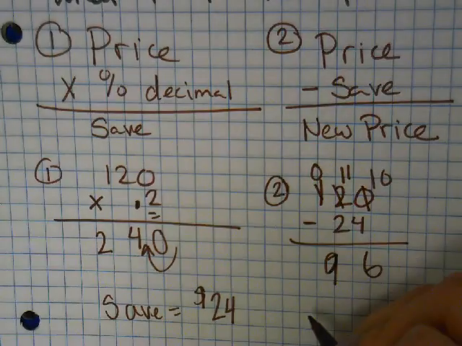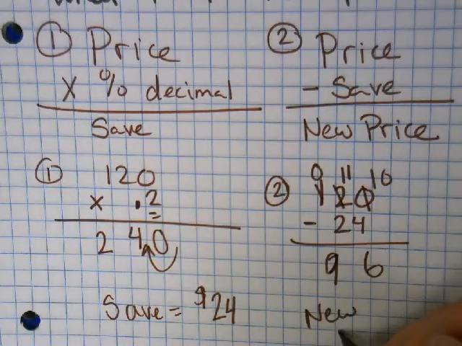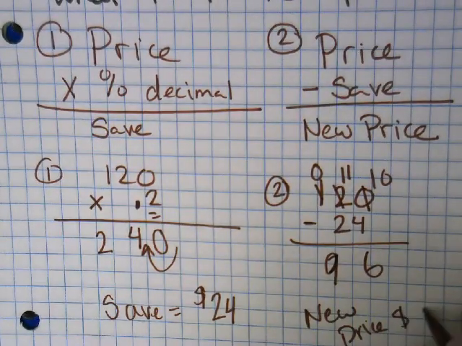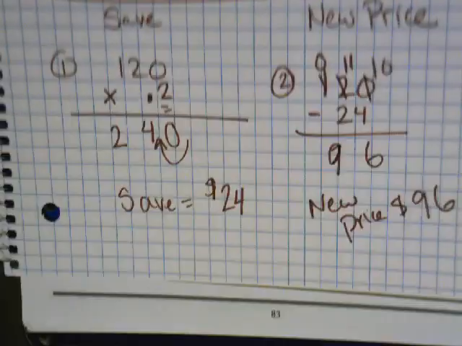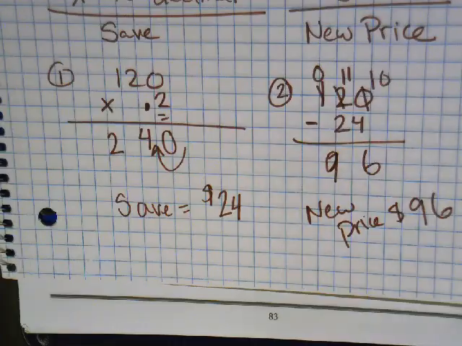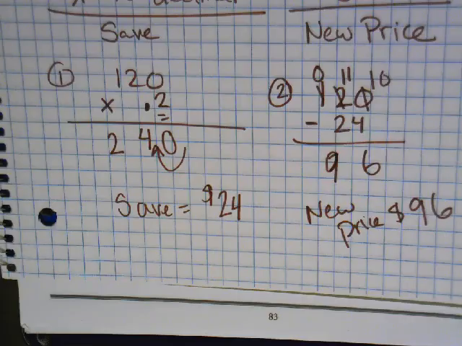So that's what we call the new price. Our new price is $96. I save 24. So the question might be, how much do you save? Oh, you save $24. Fantastic. What's my new price? Oh, my new price is $96. Fantastic. I'll take 2 pairs of shoes.